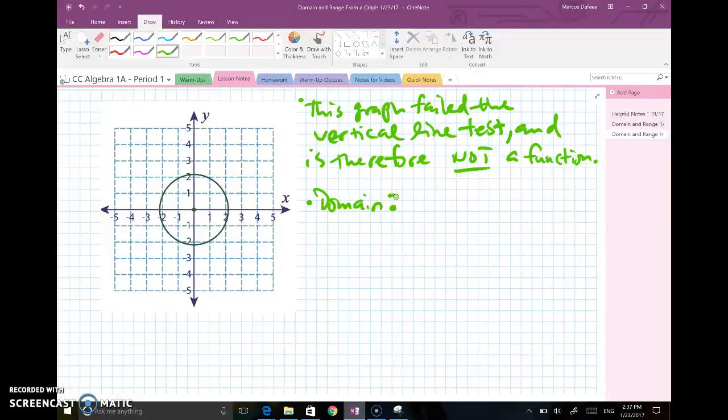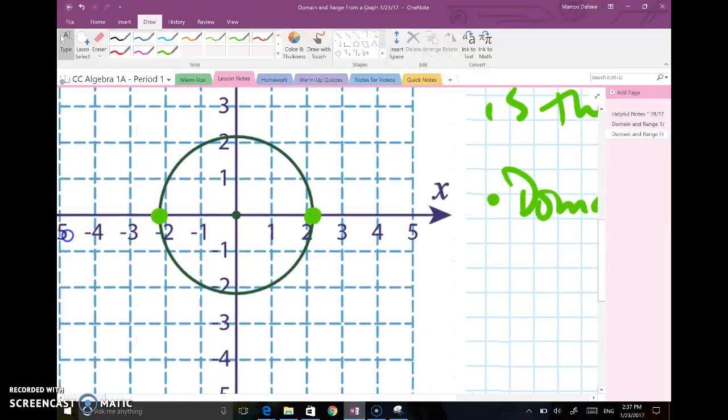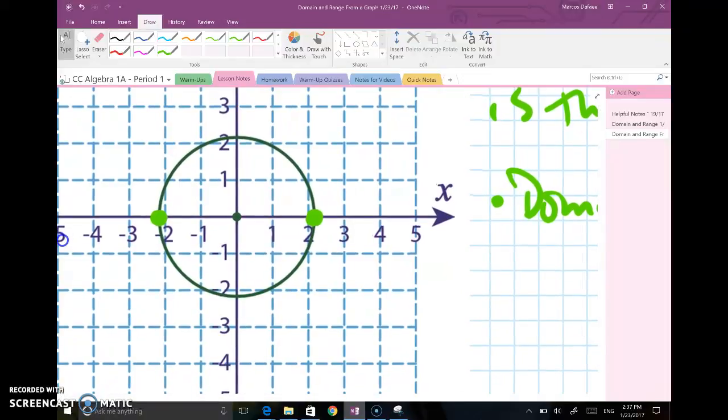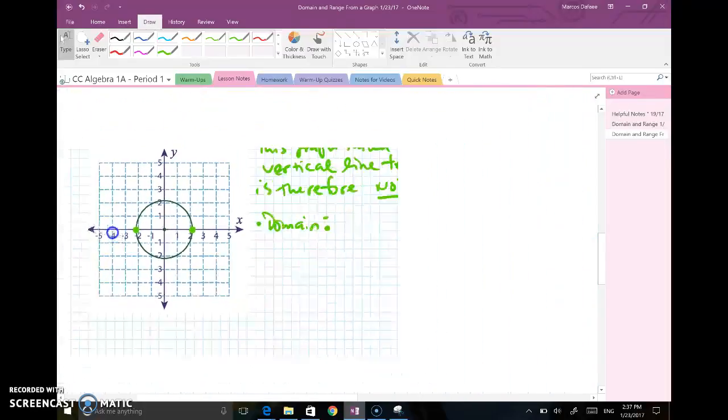Your independent variable. And that, in this case, goes from the far left all the way to the far right. Now, on this particular graph, it's a little hard to see exactly where that far left and far right are because they go a little beyond -2 and +2. So we're going to do a slight estimate here, okay?